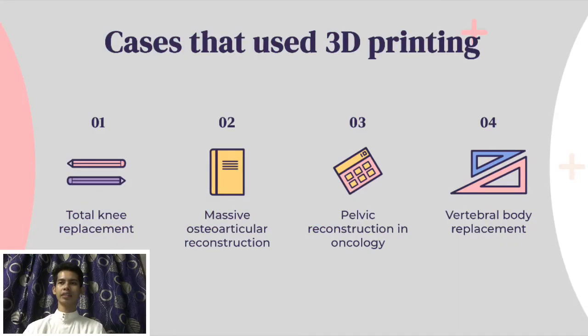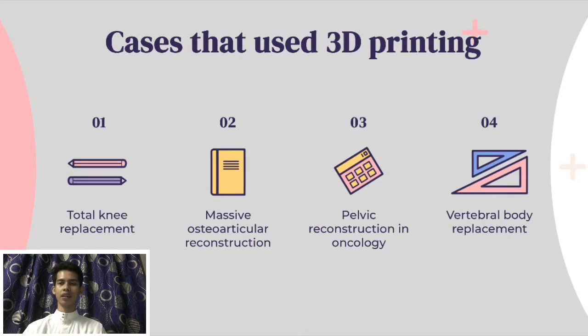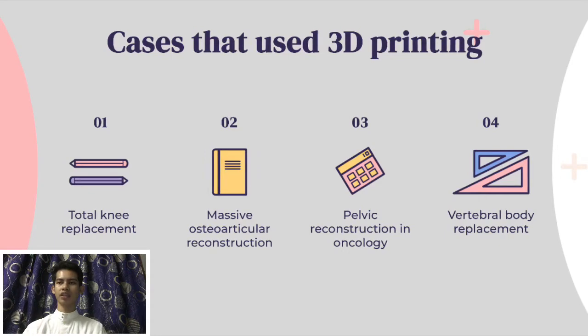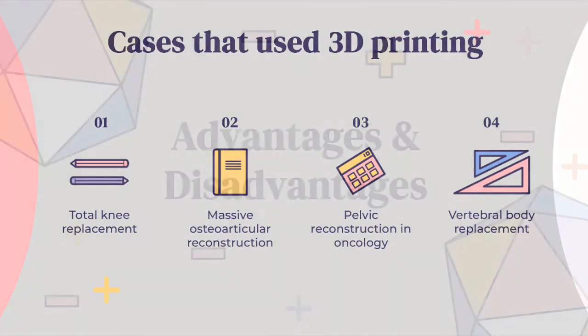So there are cases that use 3D printing, and Professor Alberto Liardini has explained in detail about these cases, which are total knee replacement, massive osteoarticular reconstruction, pelvic reconstruction in oncology, and also vertebral body replacement.